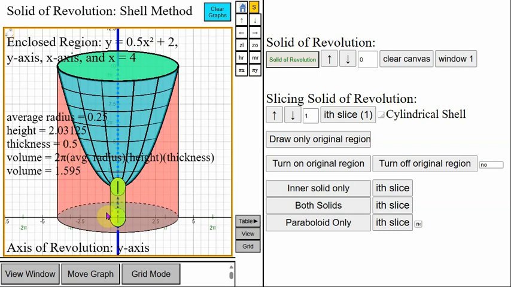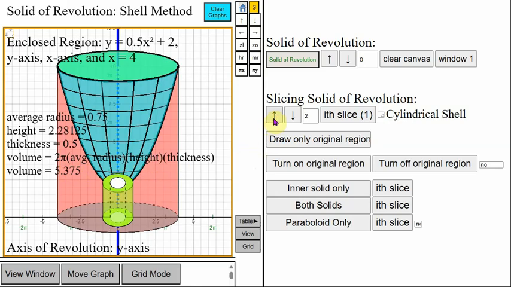The thickness of the shell is 0.5. The formula for the volume of a cylindrical shell is 2 pi times the average radius times the height times the thickness. In this case we get 1.595.